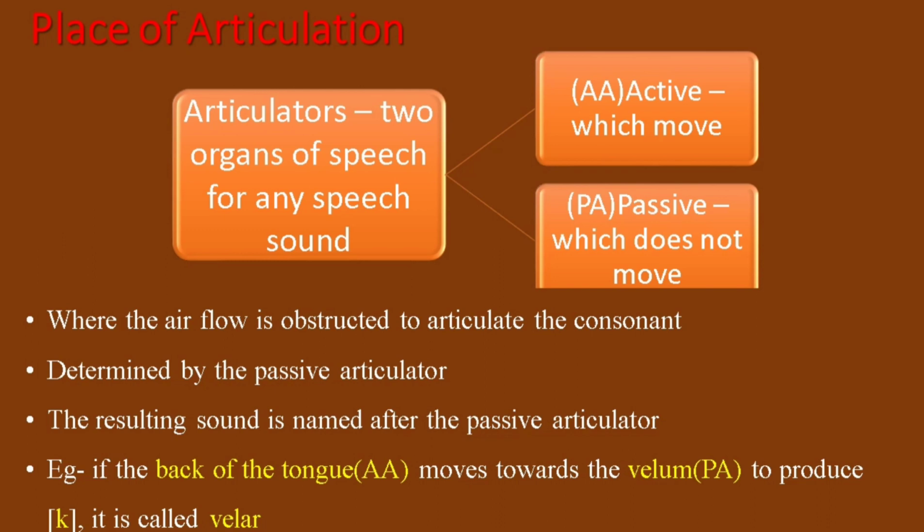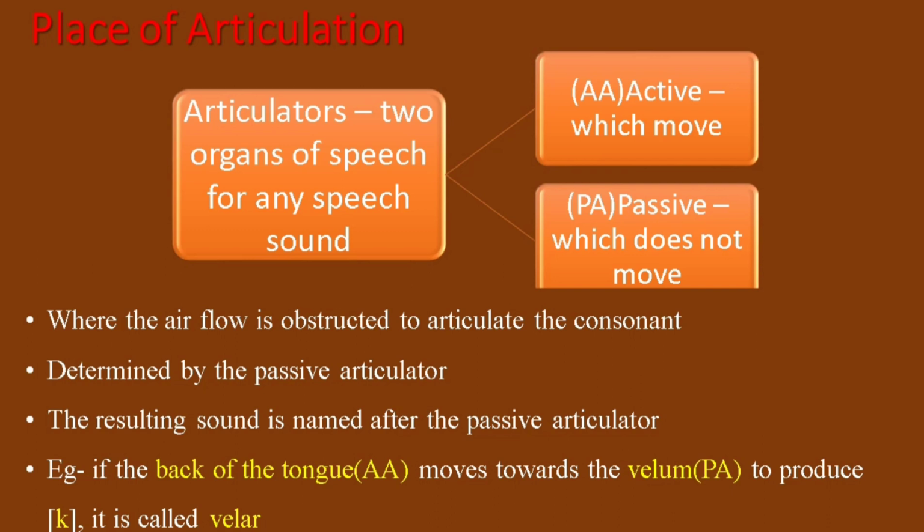So, phonetically, in the production of consonants, there is either a closure on the air passage or a narrowing that would cause audible friction. And this place is found by the passive articulator.